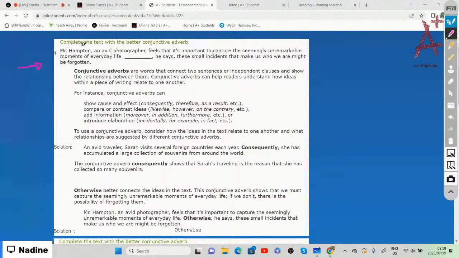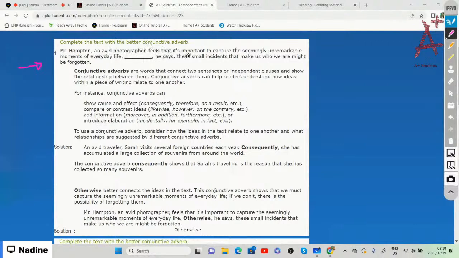All right, so Mr. Hampton, an avid photographer, feels that it's important to capture the seemingly unremarkable moments of everyday life. So we're going to put in our correct conjunctive adverb over there, right?